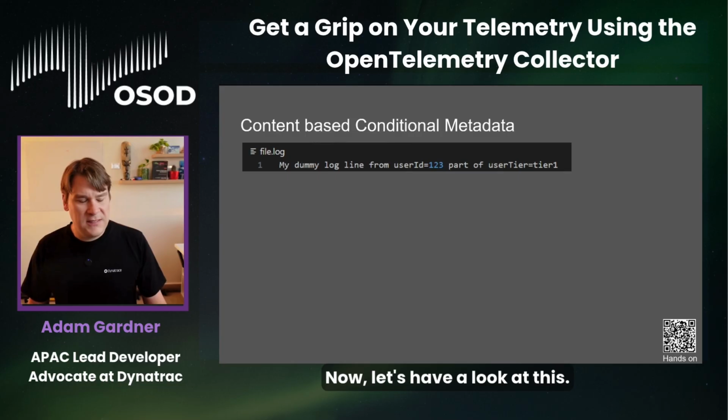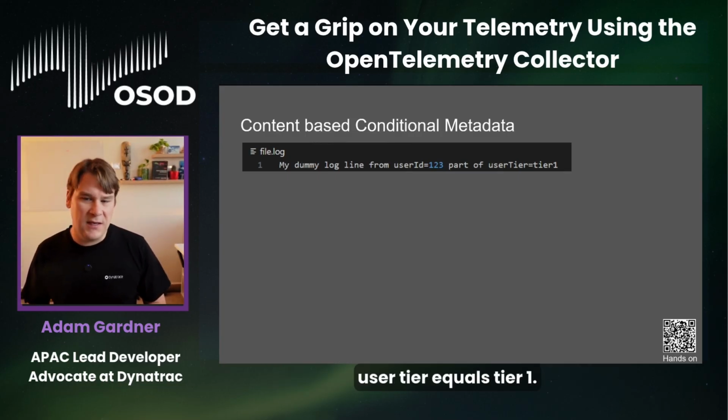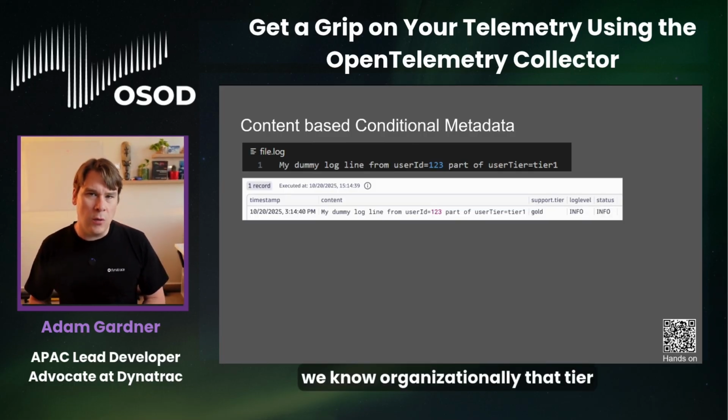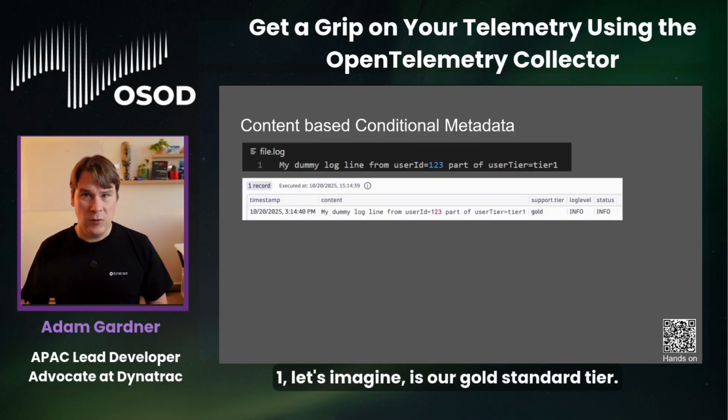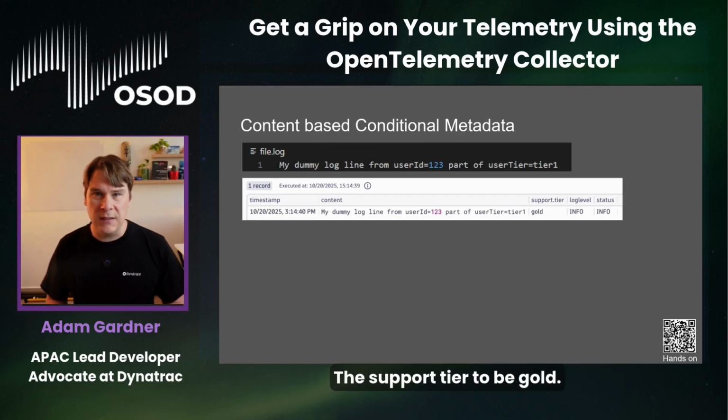Now, let's have a look at this. My dummy log line from user ID 123, part of user tier equals tier 1. Now, we know organizationally that tier 1, let's imagine, is our gold standard tier. So this is what we're aiming for, the support tier to be gold.